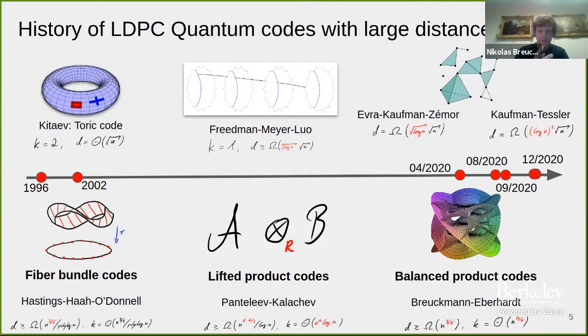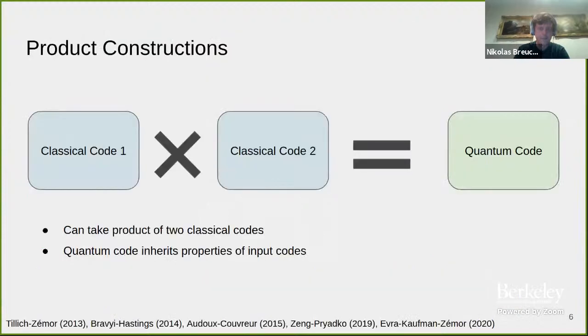And the difference to the first two is that the first two use randomness. So these parameters only hold with high probability, whereas for us, this result is unconditional. And there are also some extra nice features that I will talk about later.